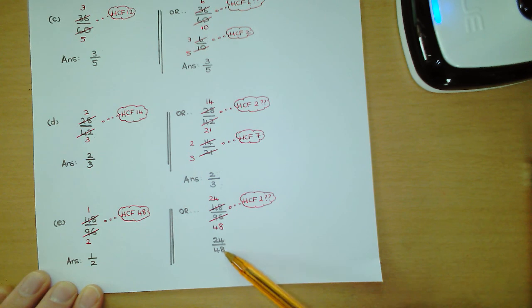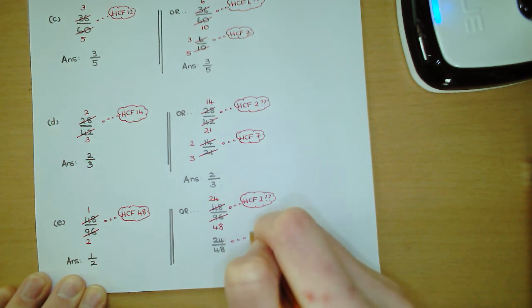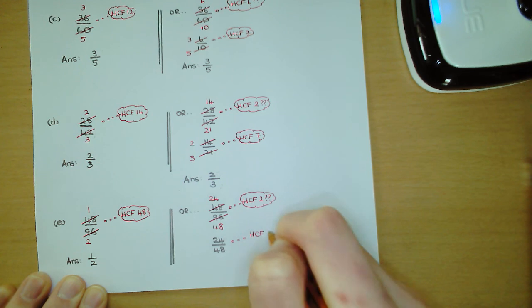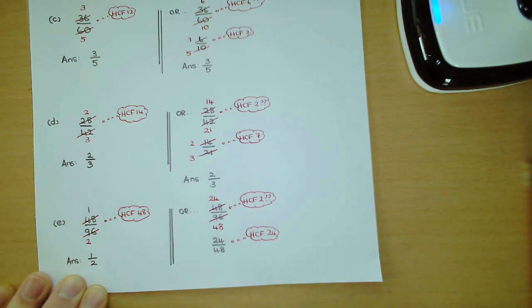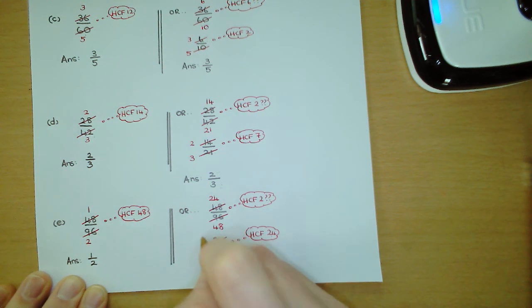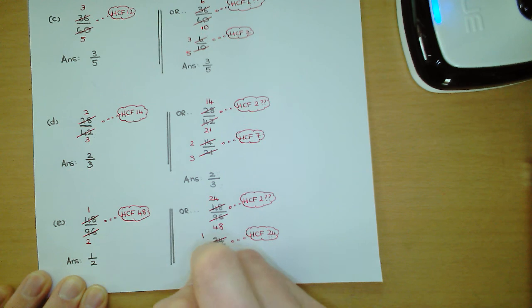Now, you should hopefully be able to spot, hold on, 24 is exactly half of 48. So the largest number that goes into 24 and 48 is 24. So we're going to divide 24 by the highest common factor and get 1. We're going to divide 48 by the highest common factor and get 2.